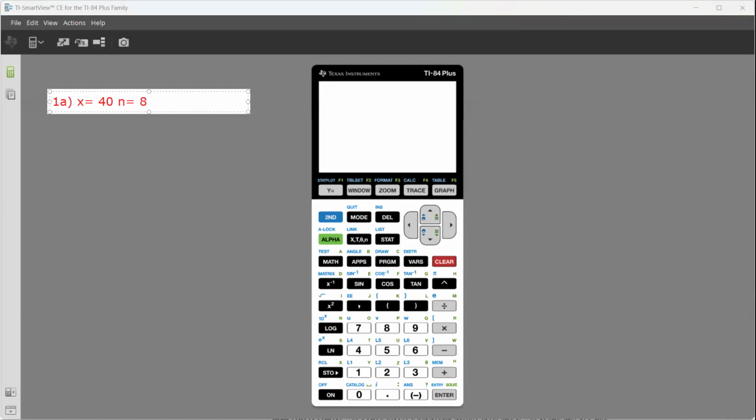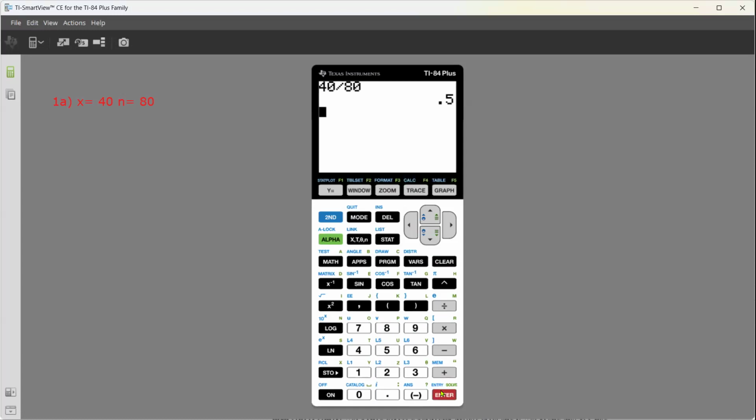So if you take 40 over 80, which you might have been able to do in your head, this is 0.5.